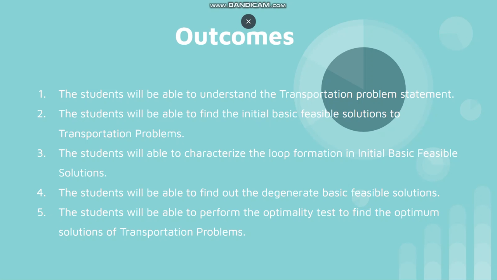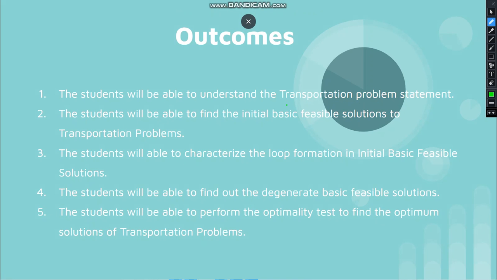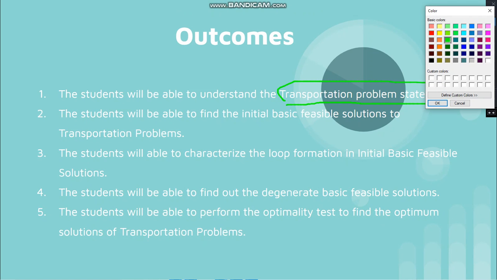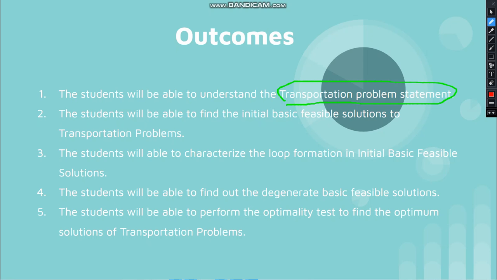As I said earlier, you will be able to understand the statement of the transportation problem. You will be able to find the initial basic feasible solutions. There are three methods we'll be discussing shortly for finding this initial basic feasible solution.